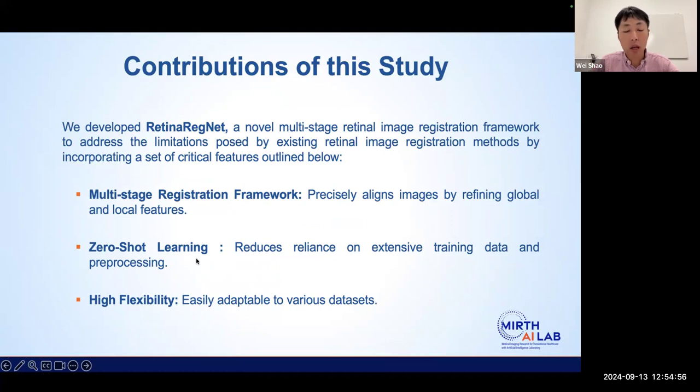It's zero-shot learning. We didn't train our model with any retinal images. The models are trained only on natural color images, but we directly apply them to retinal images, and we achieve stable performance across all three tasks. It can be easily applied to various datasets.